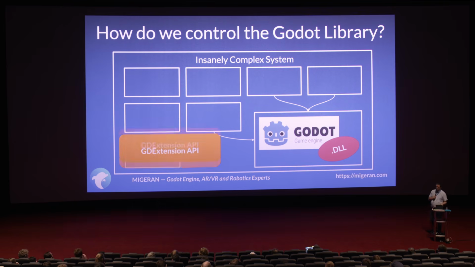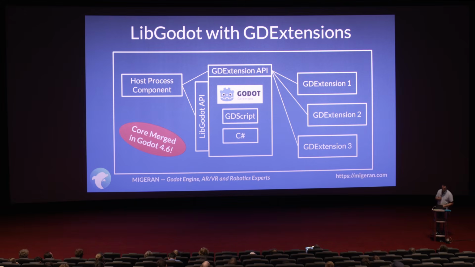But actually, we already have a solution, a C API at that to control Godot, and it's the GDExtension API. So the question is, can we extend the GDExtension API? Can we build on it to allow a host process to control Godot? And of course, the answer is yes.